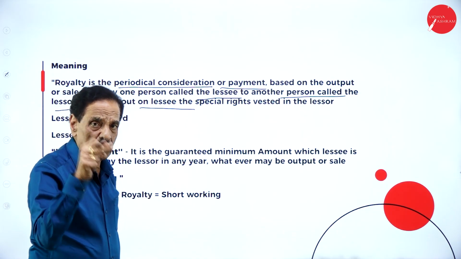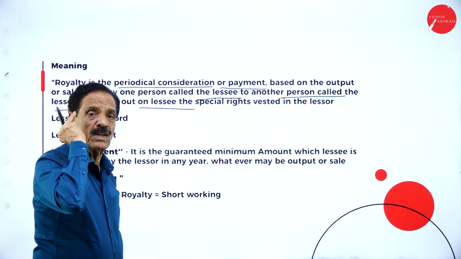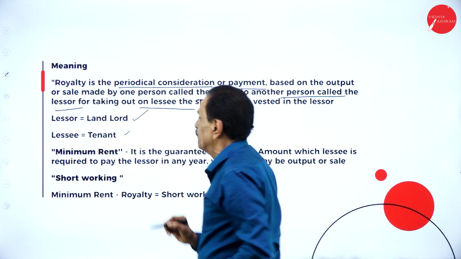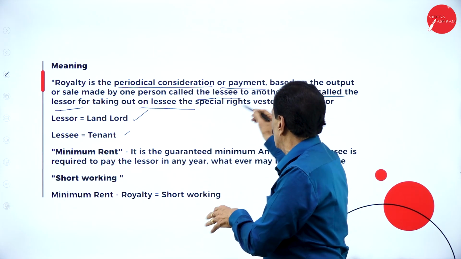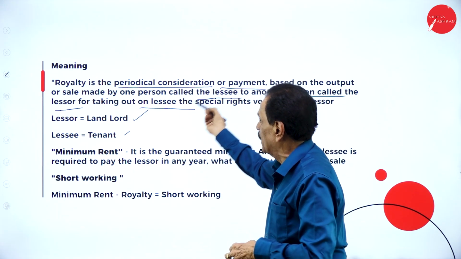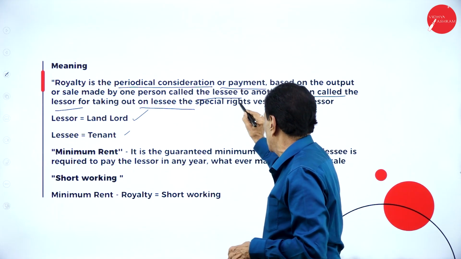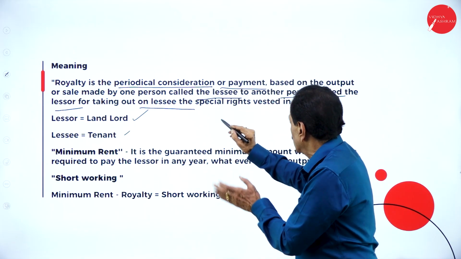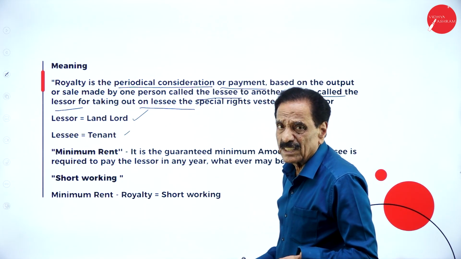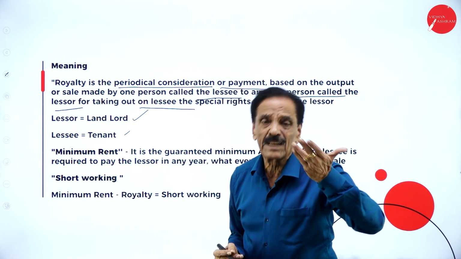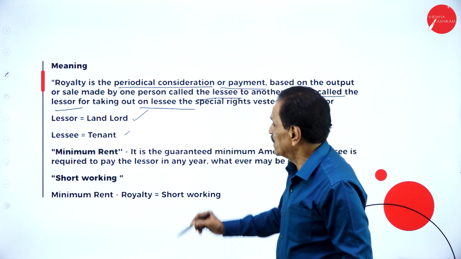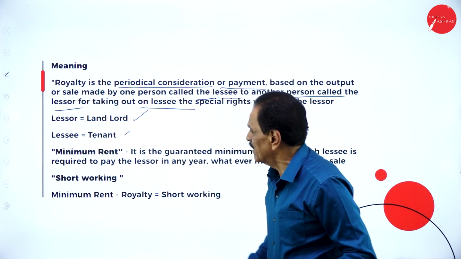The lessee takes out the special right from the lessor. Lessor is the landlord, lessee is the tenant.